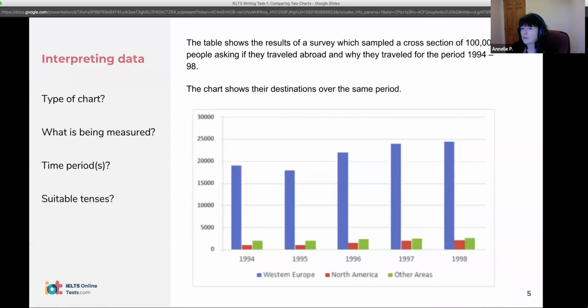Now we're going to do the same thing with the bar chart, okay? So as I said, it's a bar chart. What are we measuring specifically in the bar chart? Yeah, number of, yeah, okay, Vithya, I think, has got it there, and Fawaz, we're looking at the destination, so where are these people going, okay, divided into 3 different areas.